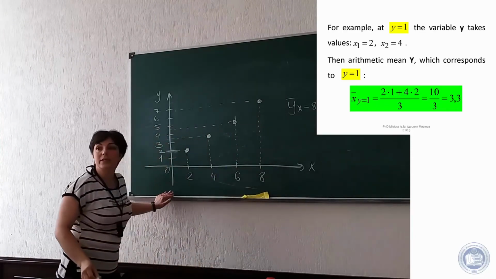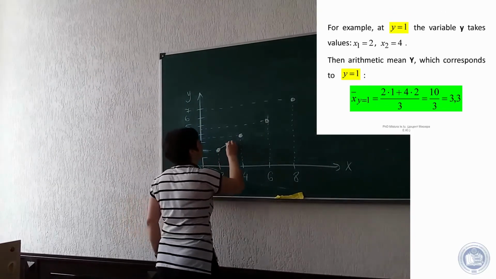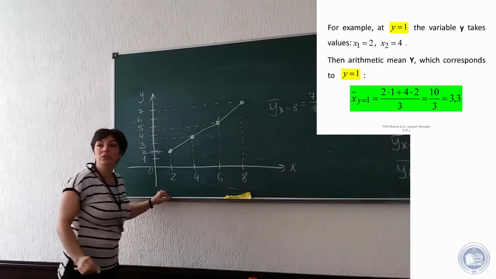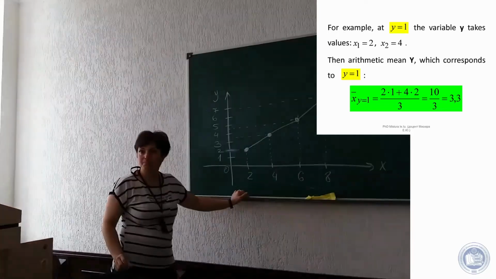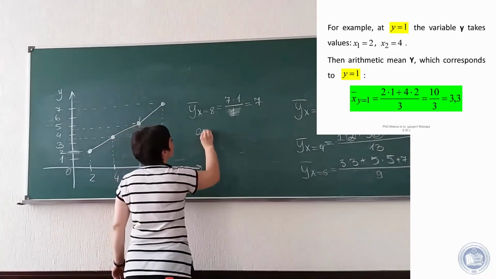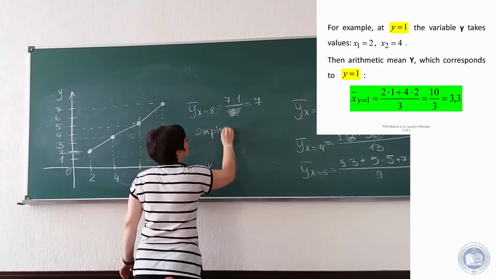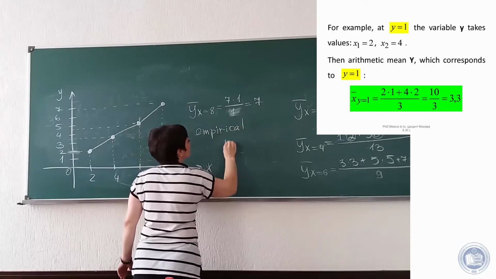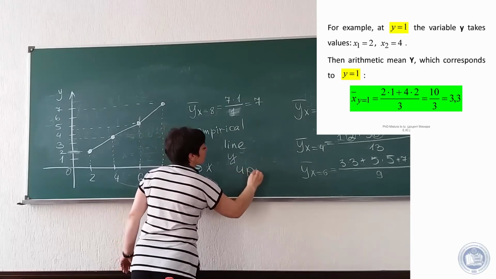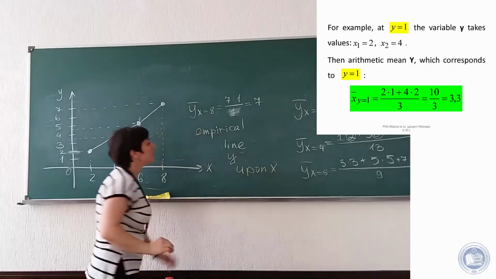Now, students, let's connect points. Let's look at this graph. This line is called empirical line. Y upon x, то есть y на x.